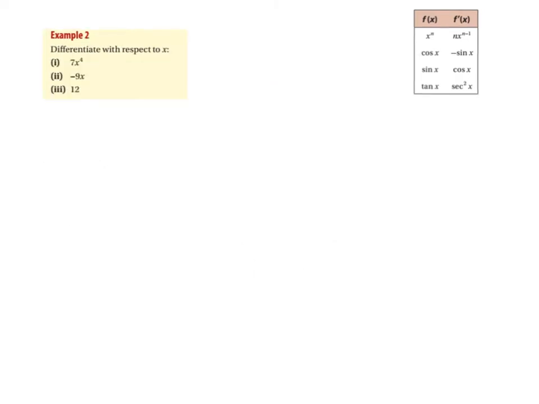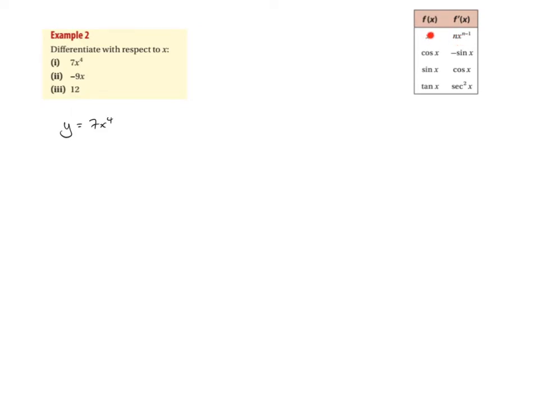Okay, so let's have a look at a few more examples. Here you can see that we have 7x to the power of 4 minus 9x and 12, and you can see here that we have some coefficients in front of the x's. Now all we do is we just essentially ignore them and just complete the rule that we did before. So if we have a look at y is equal to 7x to the power of 4, we can see again it's this rule here.